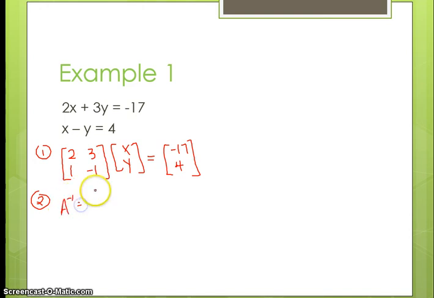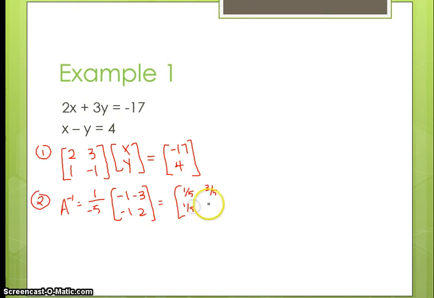So my inverse matrix is going to be 1 over -5 times, I switch my A and my D and change the sign of the other two. So when I multiply that, I get 1/5, 3/5, 1/5, -2/5.